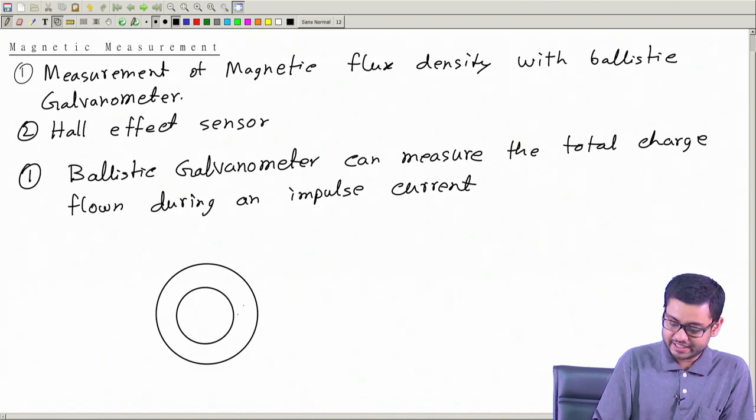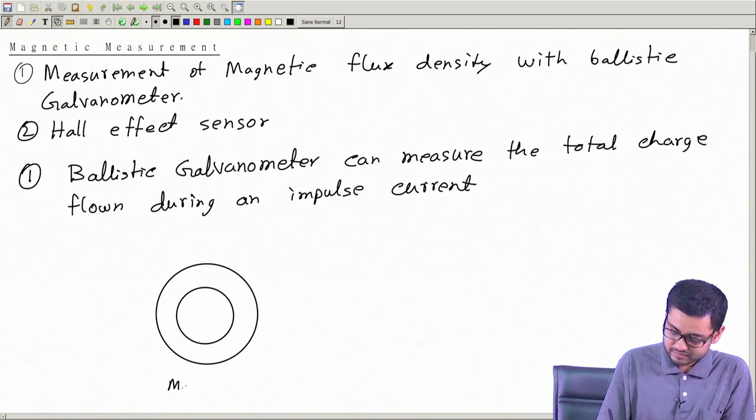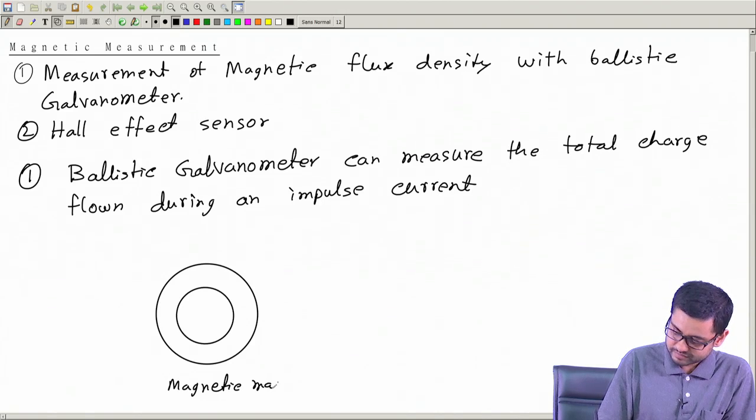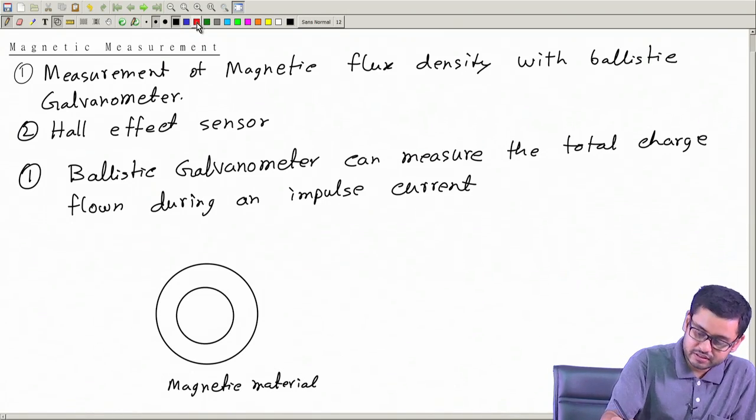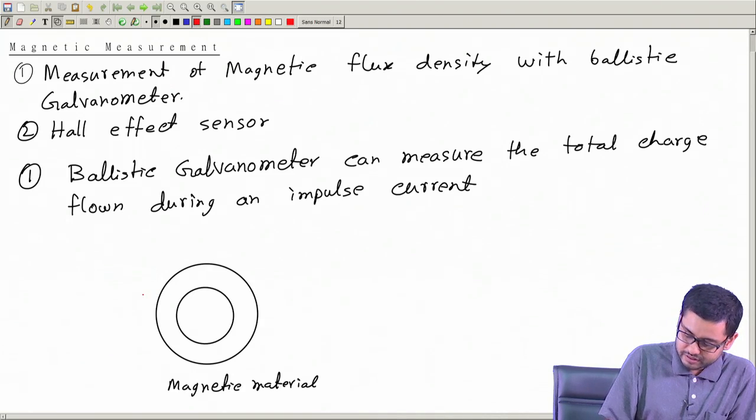So, this is the magnetic material under test, and then we will wind a coil with some number of turns.